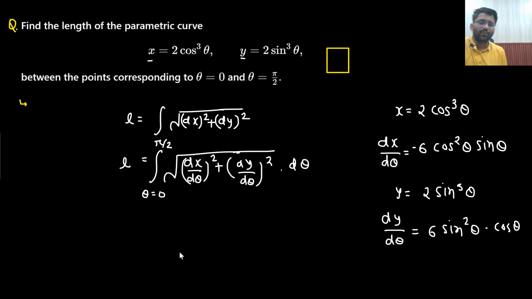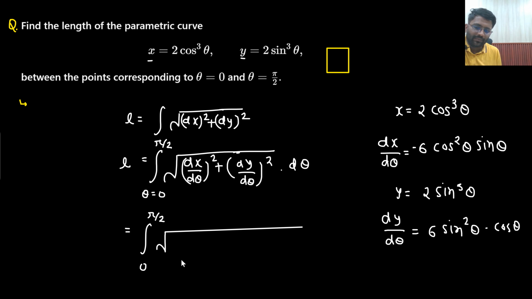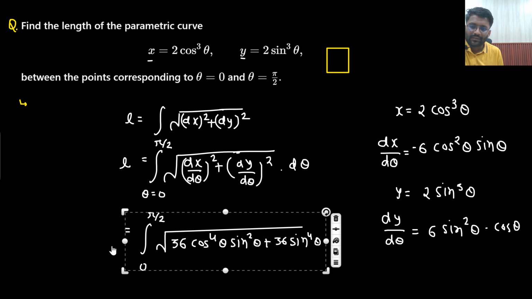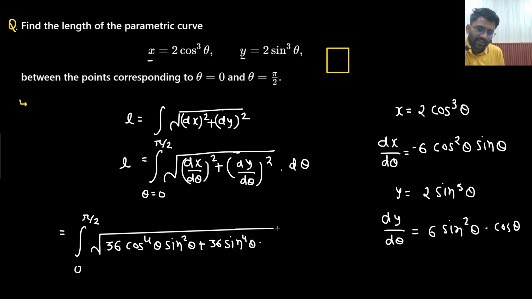So what you will get is theta going from 0 to pi by 2, under root of dx by d theta whole square, which becomes 36 cos to the power 4 theta sin square theta, plus 36 sin to the power 4 theta cos square theta, dot d theta.